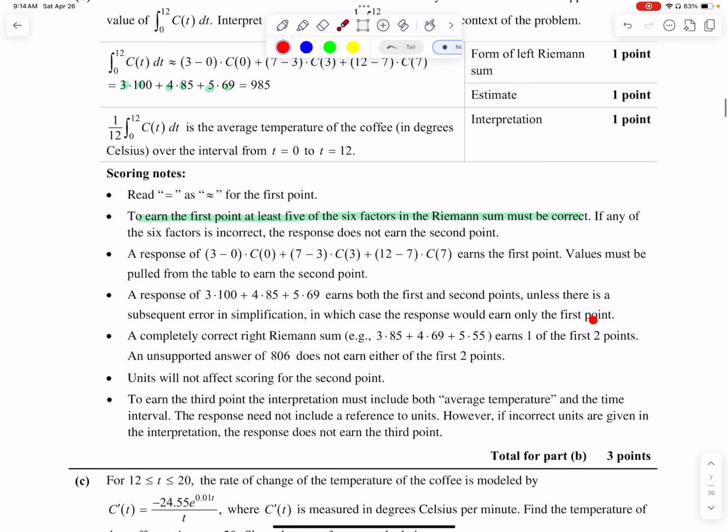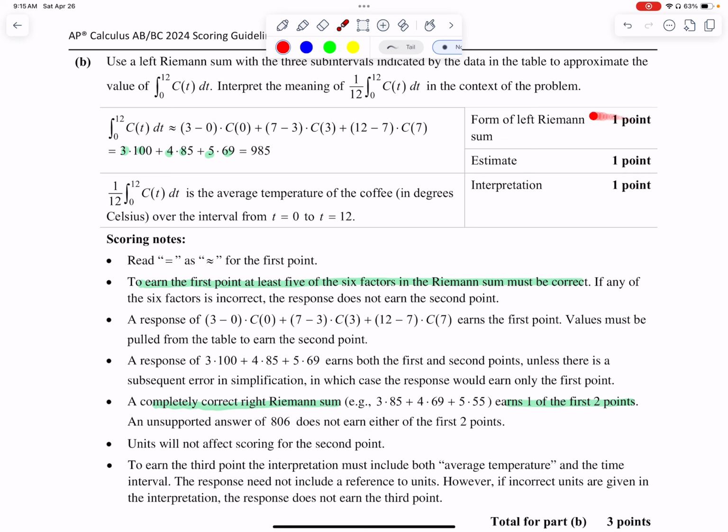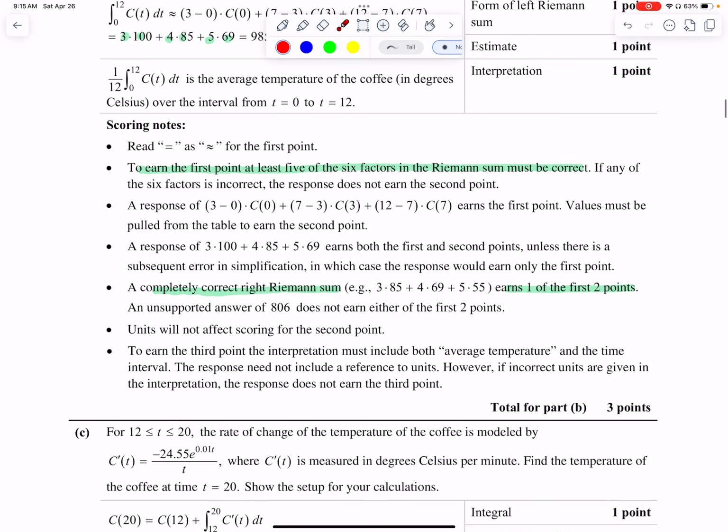All right, let's see what else might be important. Oh, this is interesting. A completely correct right Riemann sum earns the first of the 2 points. But an unsupported 806, which must be a right Riemann sum, does not get either of the first 2 points. So if you mistakenly did a right Riemann sum, they'll throw a bone your way and say, well, you know what a Riemann sum is, even though you used the wrong one, so I'll give you one of those points.